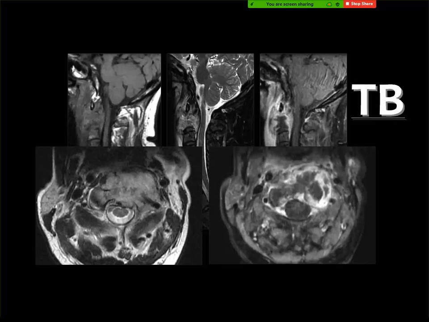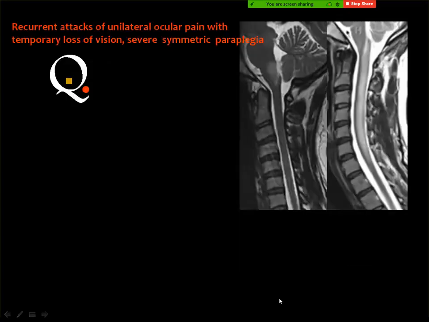TB. Okay, very good. Then if you look carefully here, this is the collection, which is almost marginally enhanced, and there is extension beyond the level of the anterior mass of the first cervical vertebra, meaning that the disc in between has been involved. Next case.